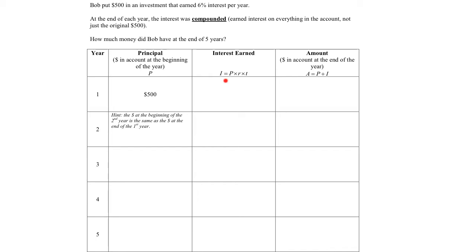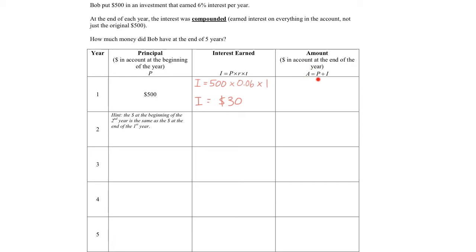Well, I equals P times R times T. So the principal for the first year is 500. The rate of interest is 6%. T, the time in years, is just 1 year. So 500 times 0.06 times 1, that's $30 in interest for the first year.